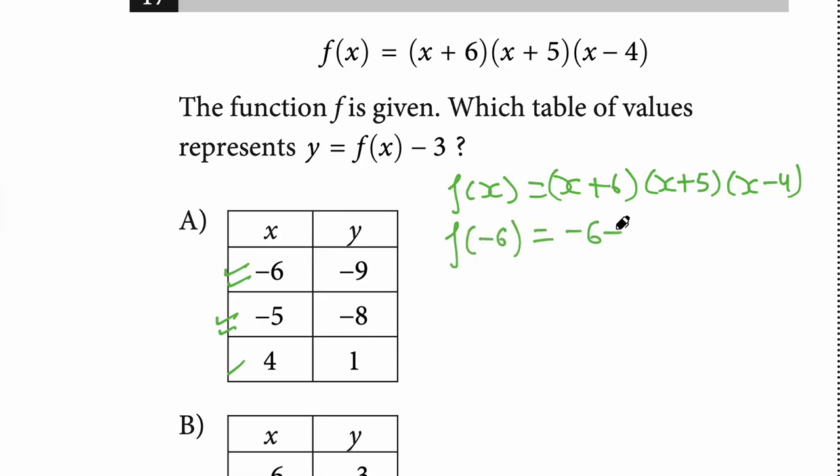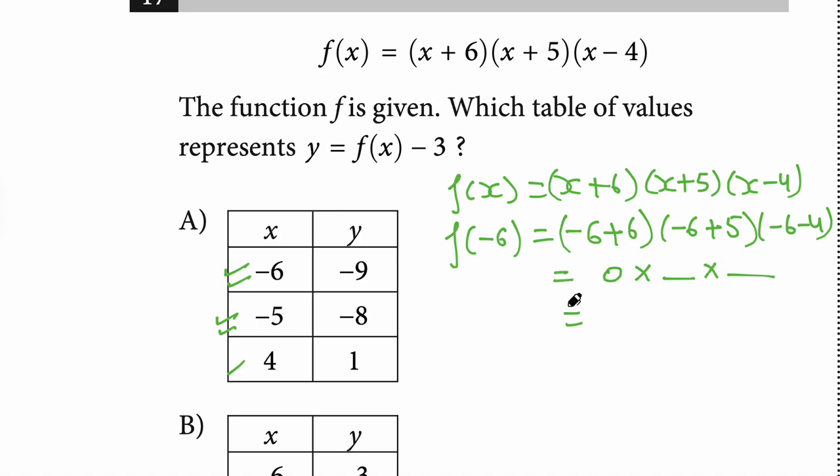So it's negative 6 plus 6, negative 6 plus 5, and negative 6 minus 4. Now this is 0. So whatever the other numbers are, it does not matter. Any number multiplied by 0 is always 0. So negative 6 goes with 0. So this is x and this is y or f of x.